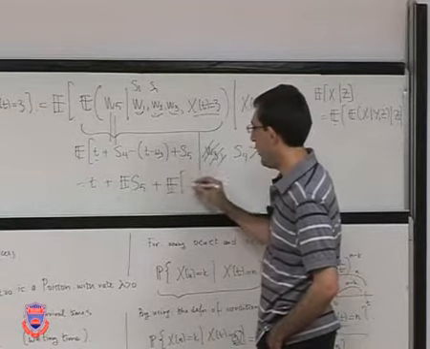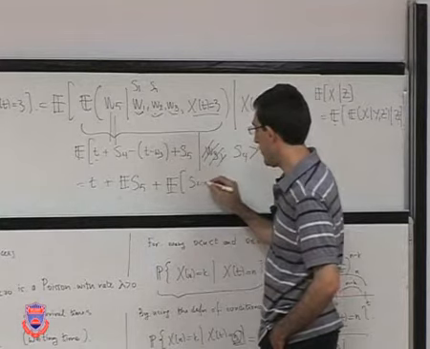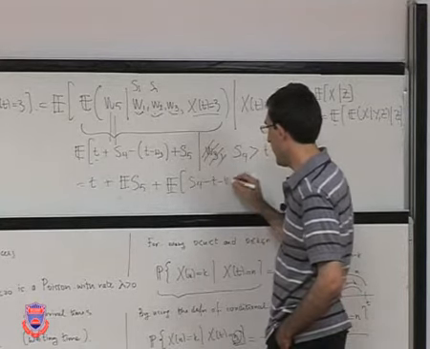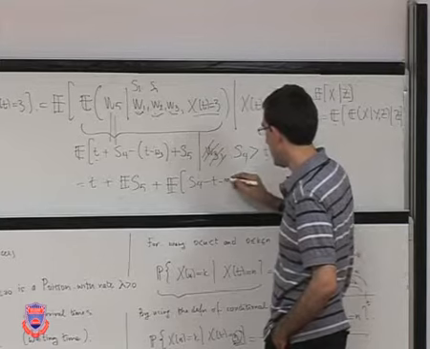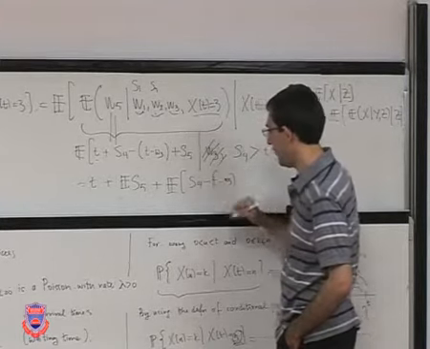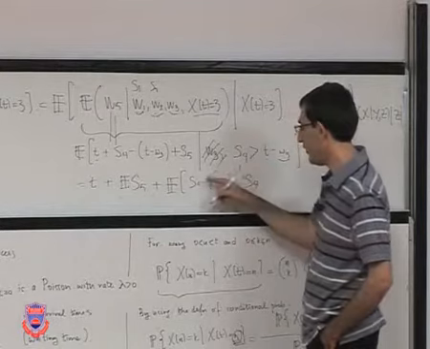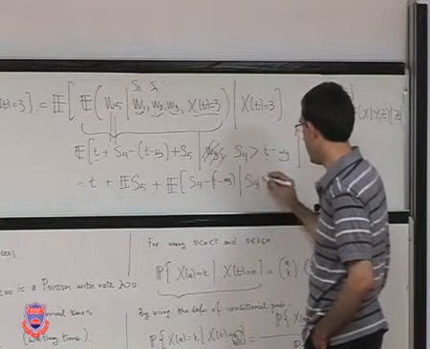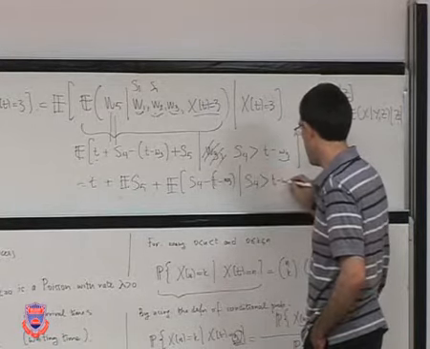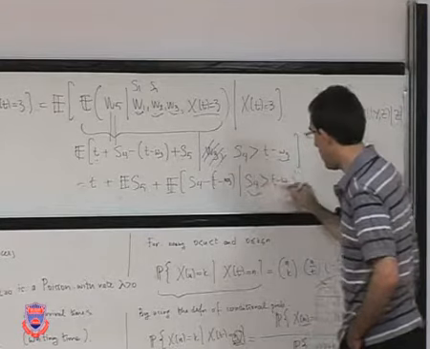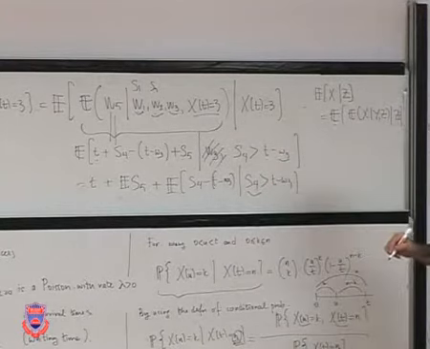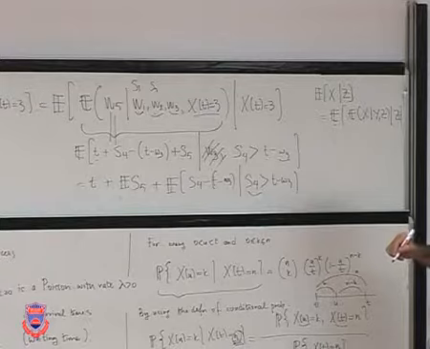Then what do you have? You have the conditional expectation of the remaining time from t minus W3 until the fourth arrival, given that the inter-arrival time is already greater than t minus W3.